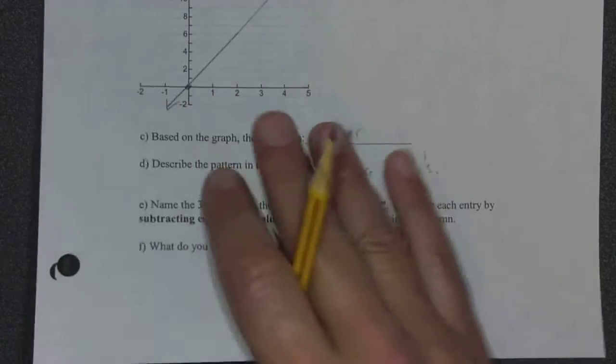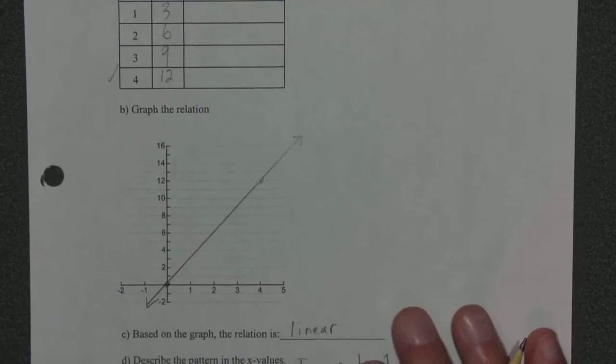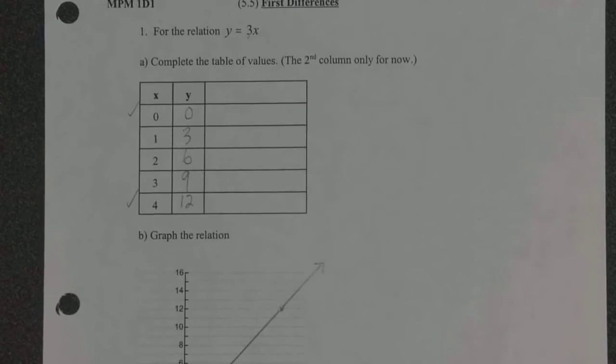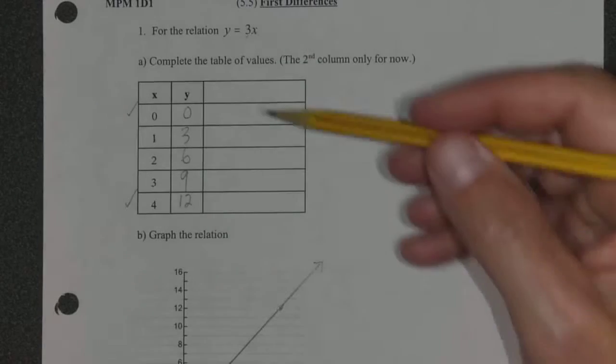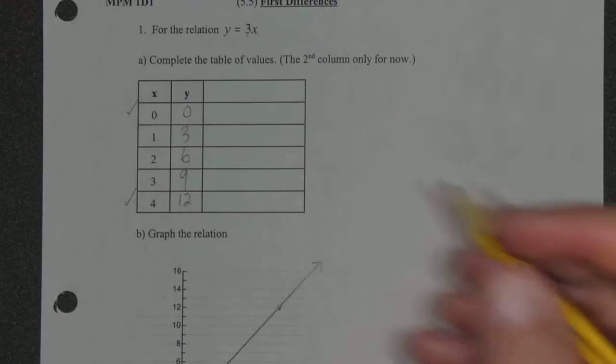Okay? Let me go back up over here because we're going to need our t-chart again. So letter E down at the bottom, which I know you can't see, but we got to do it up here. Letter E says, name the third column in the table, first differences.